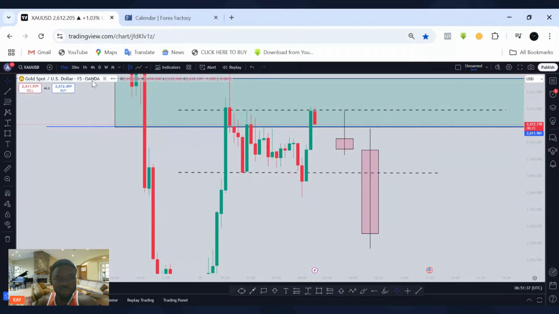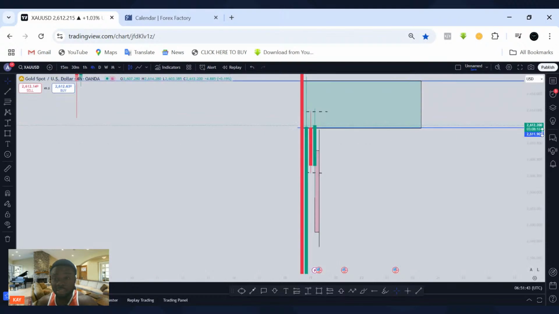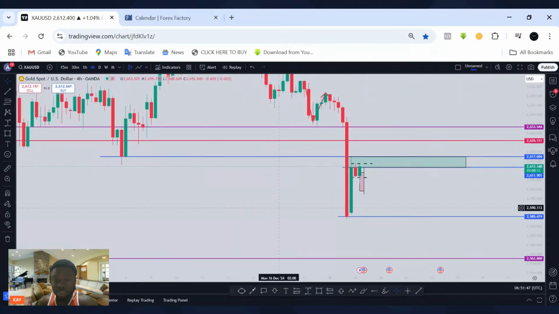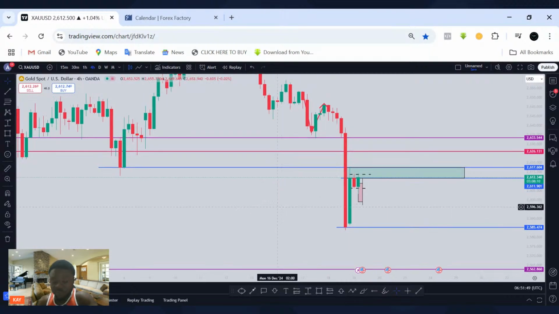So it's all about repeating data that has happened before. This is not data from a very long time ago; this is data that happened yesterday. If you keep track of everything that you do, you can see it over here. Price broke out, made a retest, and created a resistance over here.